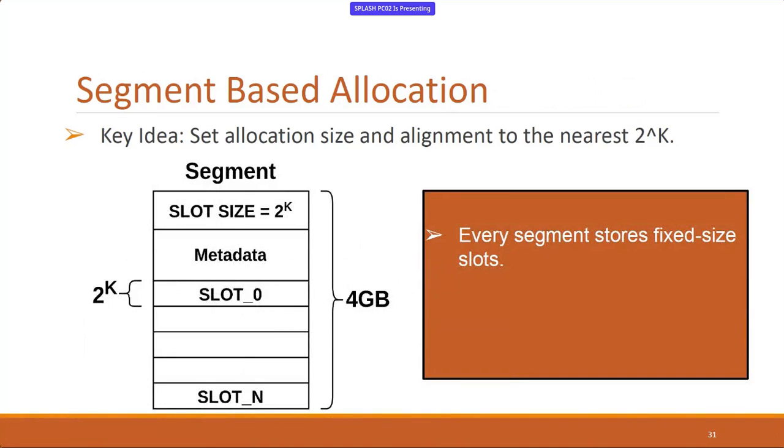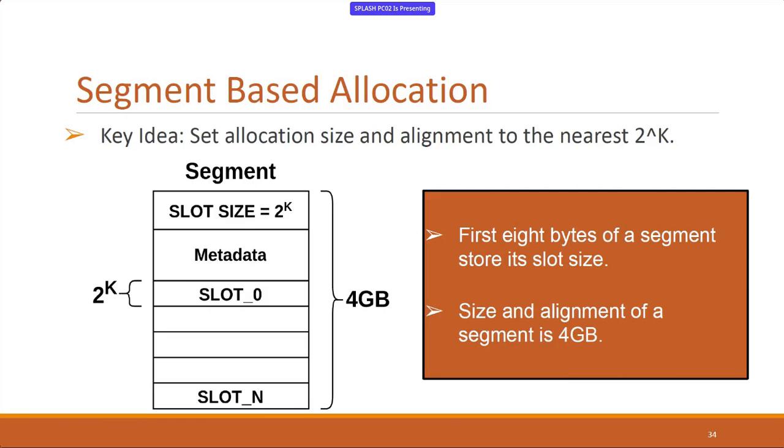Our segment-based allocator maintains a list of segments, and this figure shows the structure of one segment. Here, every segment is divided into fixed-size slots. Different segments have slots of different sizes. Further, the first 8 bytes of the segment store its slot size. And the size and alignment of every segment is 4 GB.